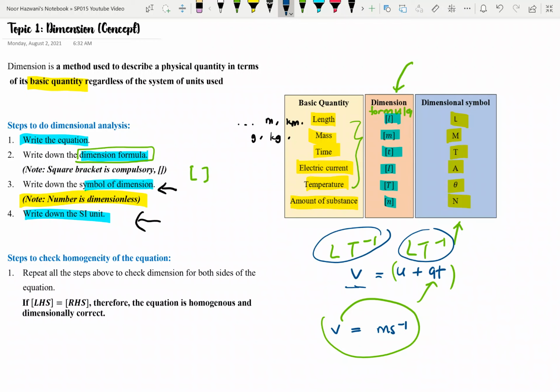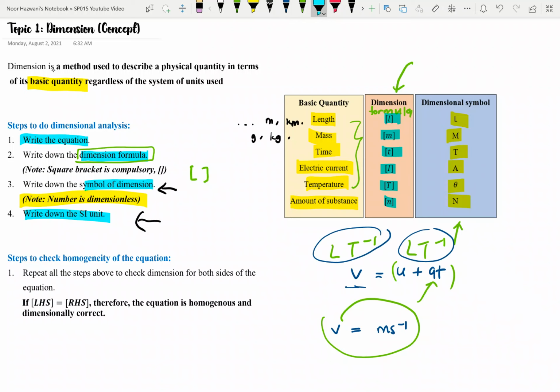Kita nak consider dalam kilometer per hour. Yang kita nak border. Kita nak check betul tak dia punya, kita nak describe physical quantity tu betul tak dalam basic unit quantity dia. Kalau betul, maksudnya betul lah. Okay, betul lah dia homogeneous equation tu dan dimensionally correct. Macam tu lah, kind of.